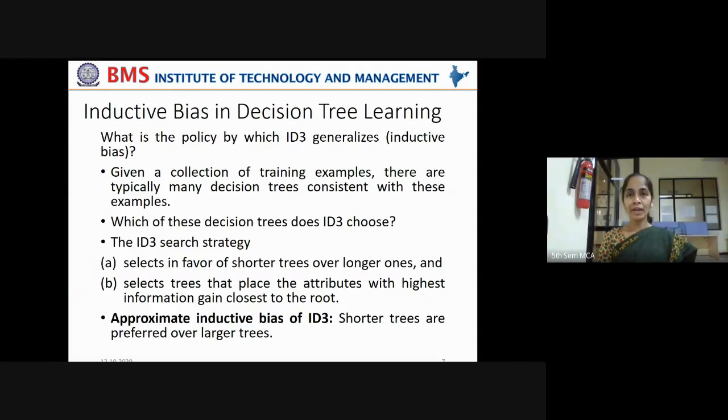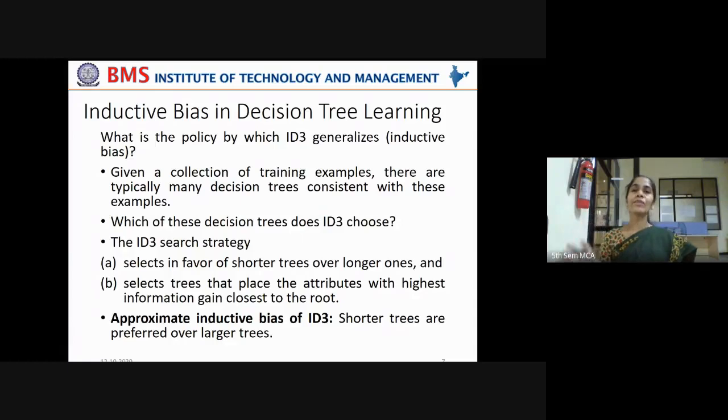In order to arrive at that conclusion, you should have some assumptions. You should have some inductive bias. You should have some bias, partiality in your learning process. What is your partiality in this decision tree learning? Smaller decision trees. What is inductive bias in Find-S and candidate elimination algorithm?